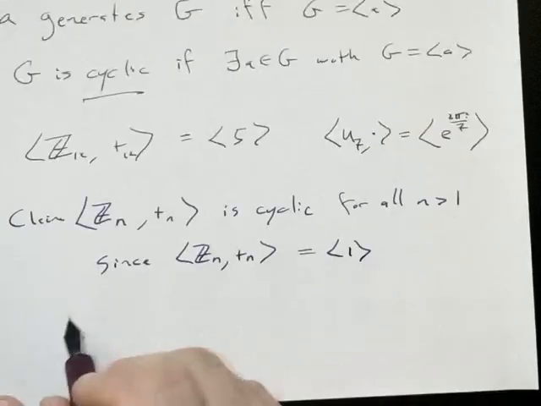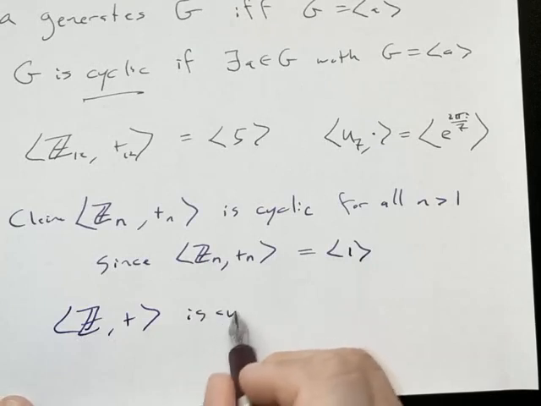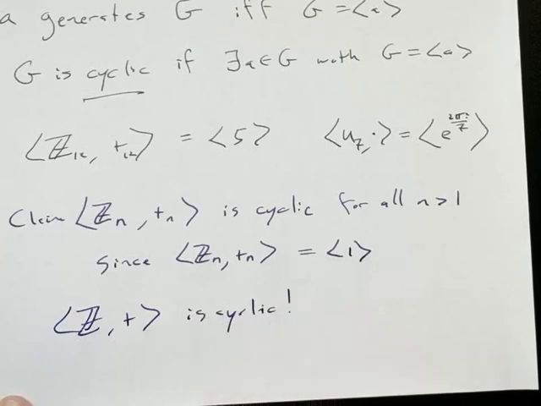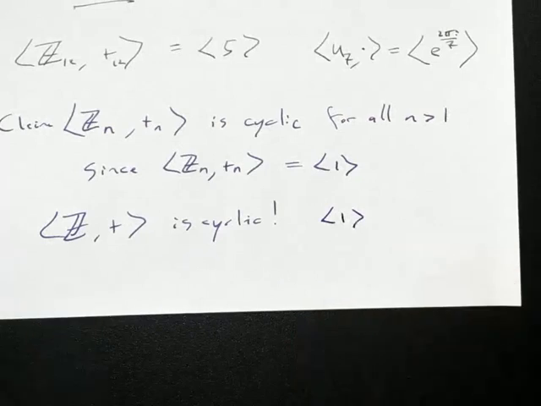As a matter of fact, the integers under addition is cyclic. It's never around. But I think about generating from 1. I wouldn't get the identity, but I can get the identity and inverses of that.